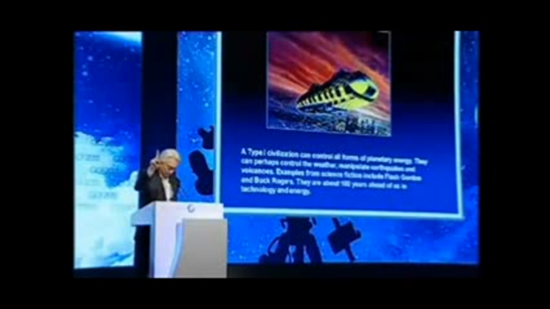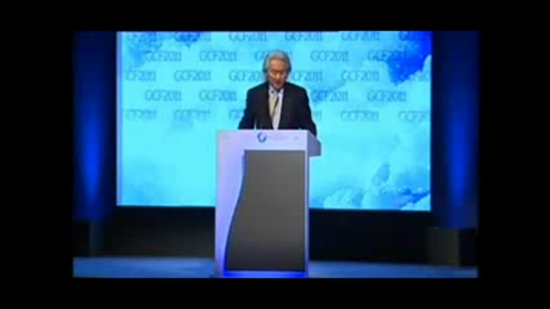We will have an existential shock. A type 1 civilization has the power of an entire planet. They control the weather. They mine the oceans. They control volcanoes. They control earthquakes. The generation now alive is privileged to see the birth pangs of the birth of a new civilization.